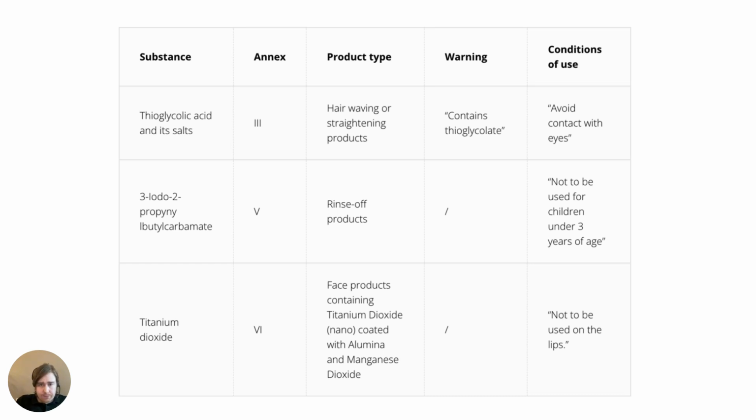So in short, if you're selling a product containing this substance, and it's used as a hair waving or a hair straightening product, you need to specify the warning and you need to specify the condition of use. So as such, the substance can be included in the formula, but this then triggers labeling requirements. And it's also similar for Annex 5 and 6.